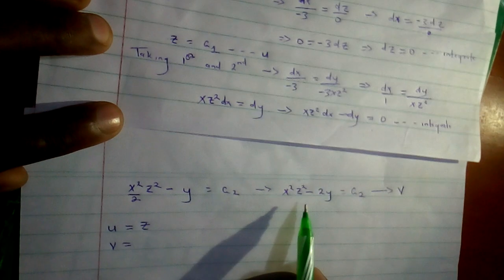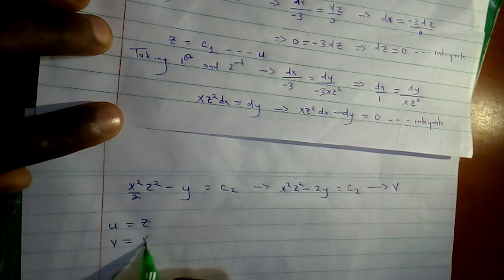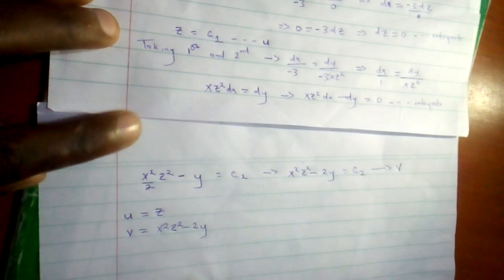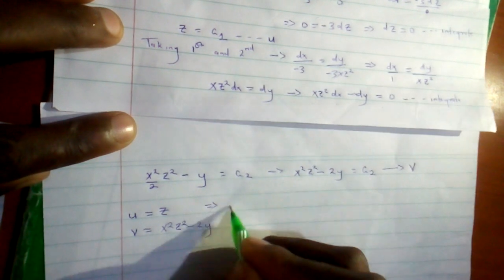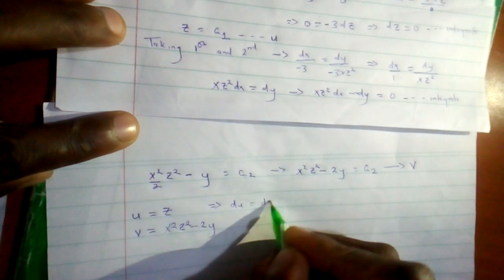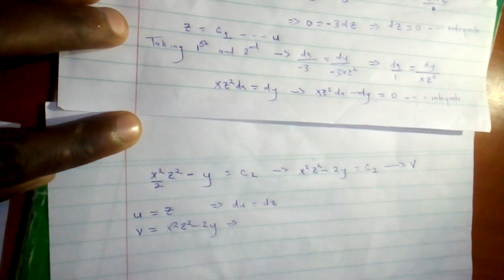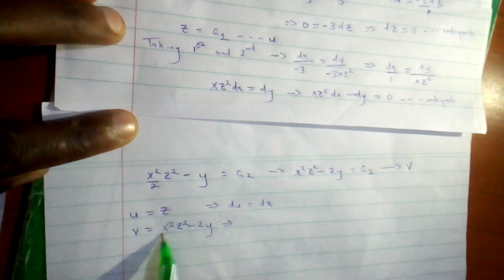Our v was x squared z squared minus 2y. If we differentiate our u, we get du is equal to dz, and then this one we are going to differentiate totally, of which we are going to apply the product rule.